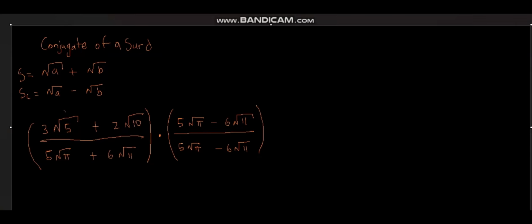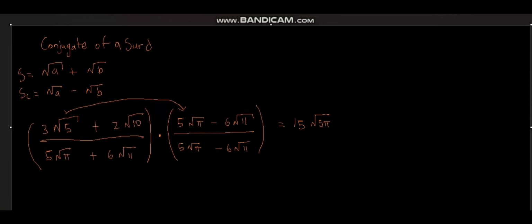So we take this, multiplying it by that, and usual expansion. Let's keep track of this. So 3 root 5 multiplied by 5 root pi. Let's multiply the coefficients of the surds. So 3 by 5 is 15, and root 5 by root pi is just root 5 pi.